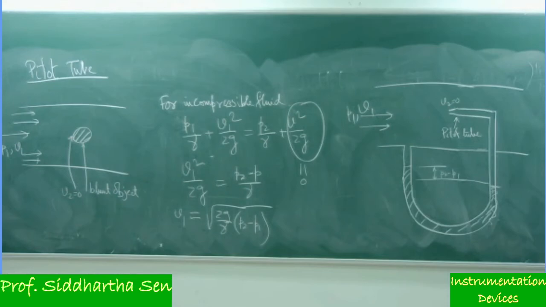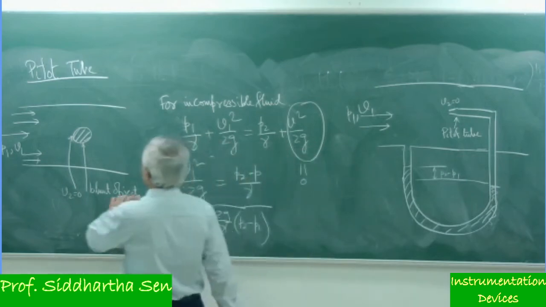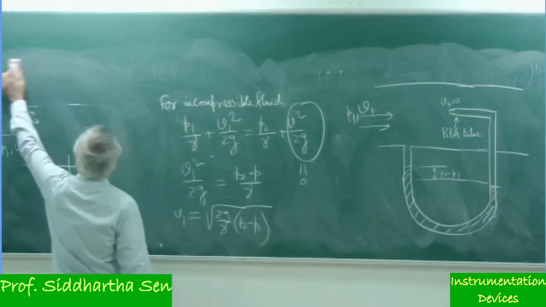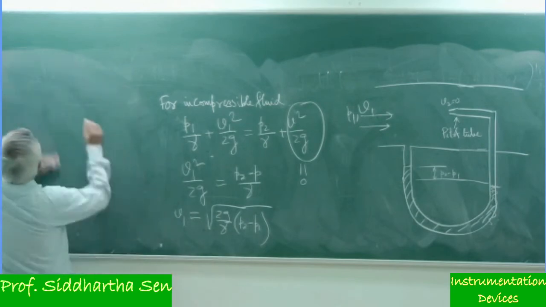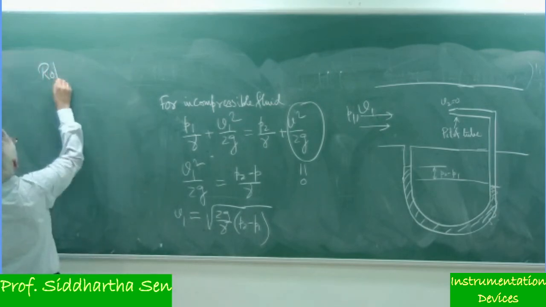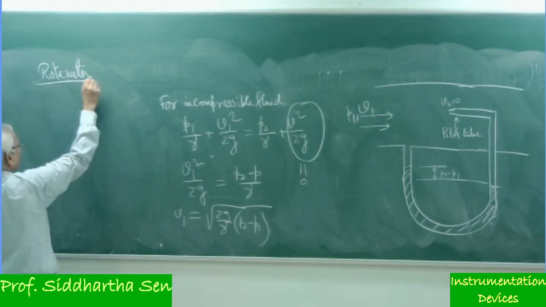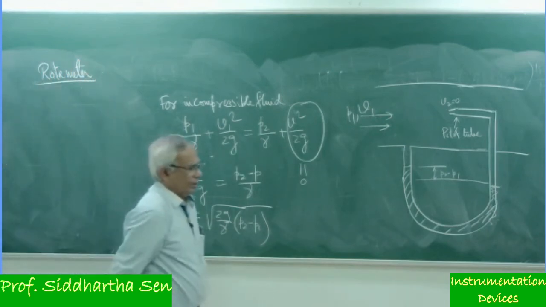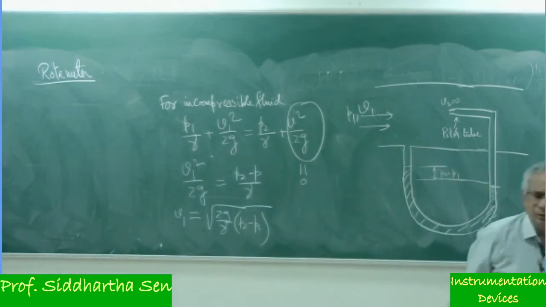I think, okay. Before I start the next one, next day obviously I will start that. The next one is the rotameter, another obstruction type flow meter. I will not go into detail of this rotameter.